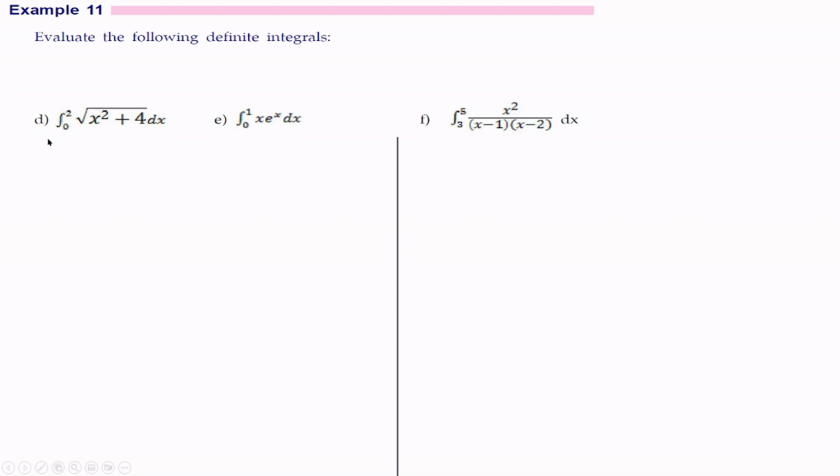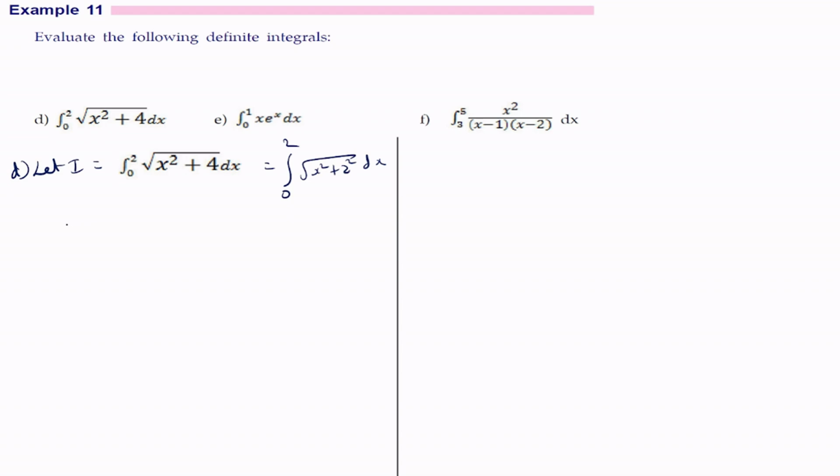Moving on, next subdivision, D subdivision. So here let us take I equal to the given integral 0 to 2 of root of x square plus 4. So this is nothing but 0 to 2 root of x square plus 2 square dx.